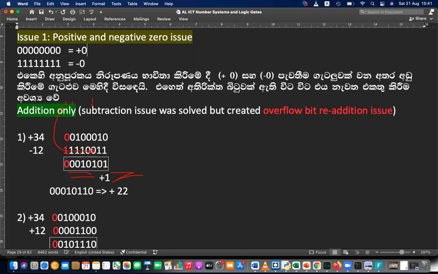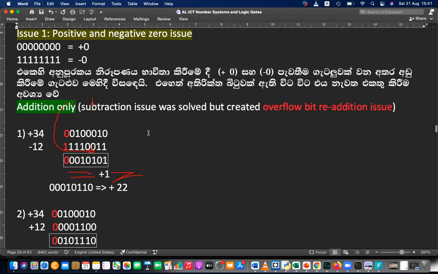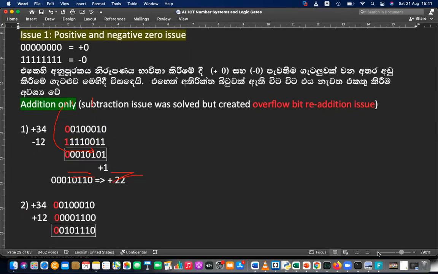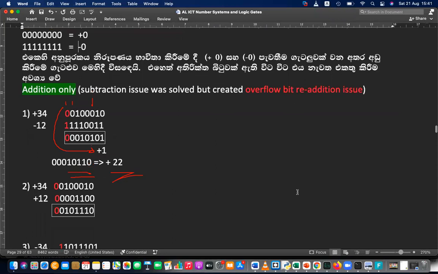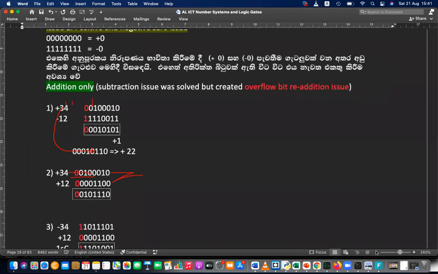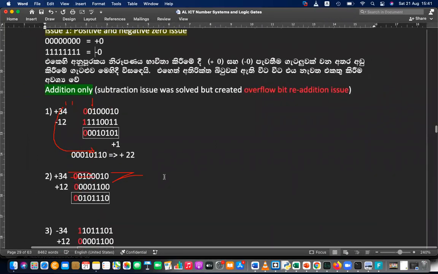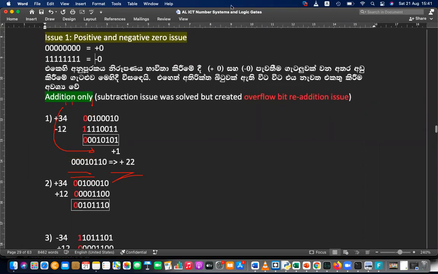The plus 0 minus 0 issue is already there, so it's not solved. But the addition only issue, that is solved, right? The addition only problem is solved. But even after solving that addition only issue, there's a small thing that you need to add the overflow bit again. So please write down that.